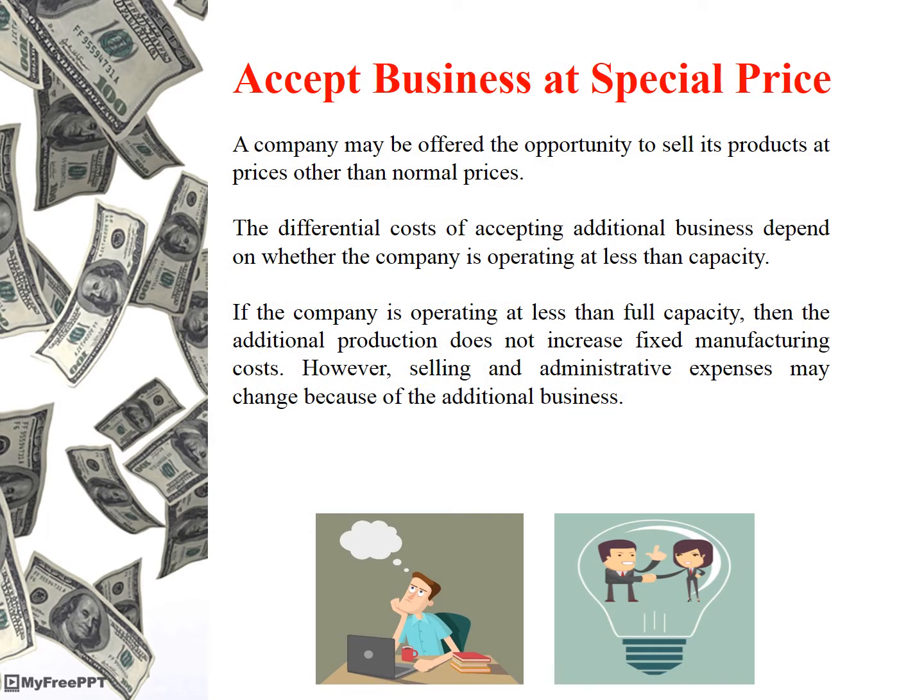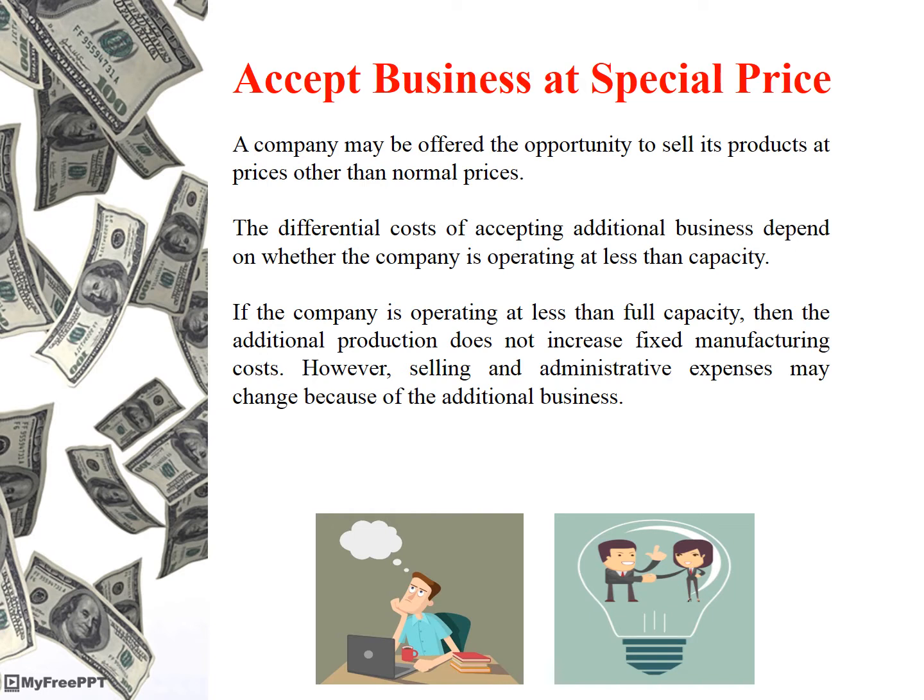Next is accept business at special price, the last part of differential analysis. A company may be offered the opportunity to sell its products at prices other than normal prices. For example, an exporter may offer to sell a company's products overseas at special discount prices.